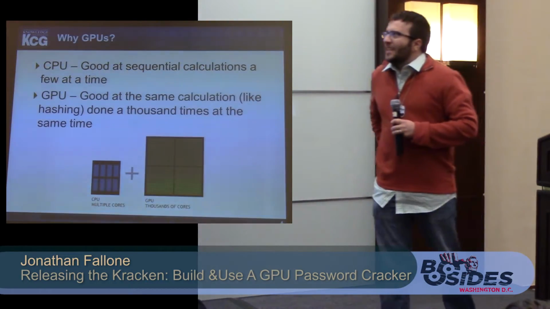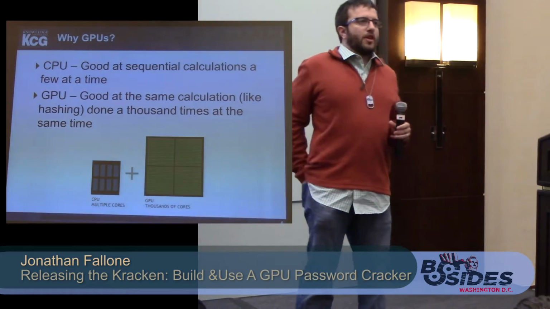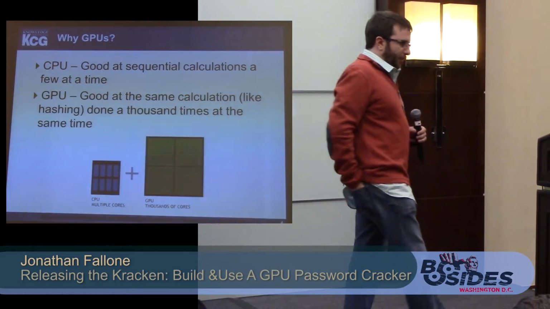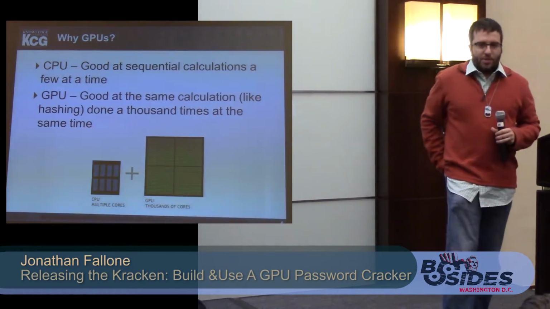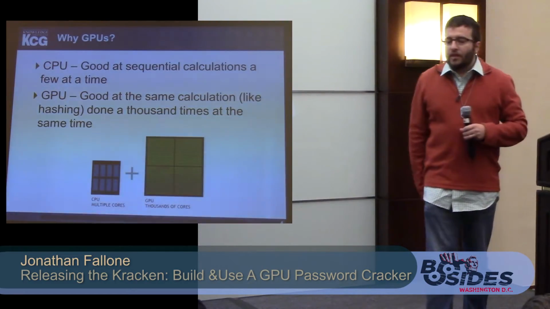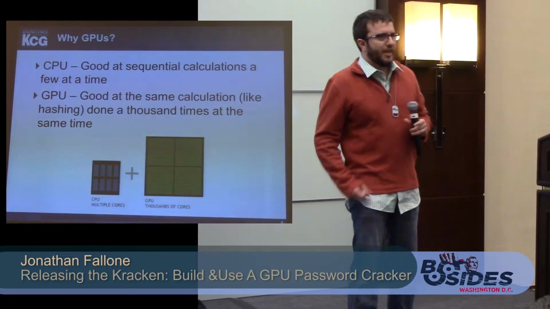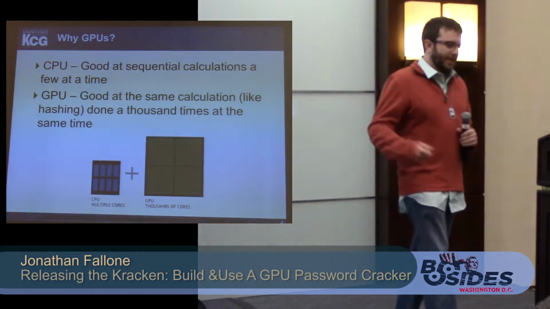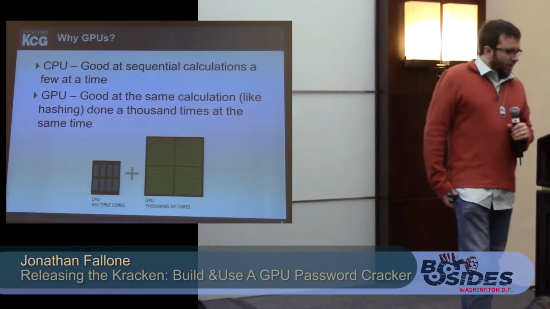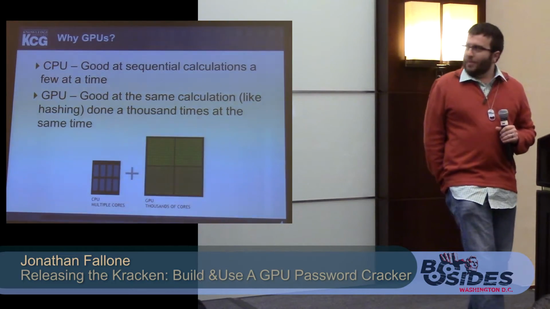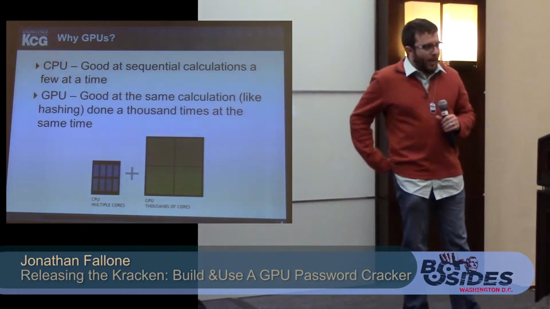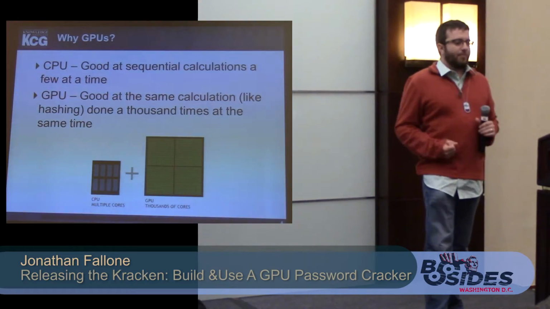If you've never had any experience with GPUs, why do you want to use those over just your regular old laptop for password cracking? So CPUs are great inventions. They're good at doing a bunch of instructions sequentially and skipping around from one program to another and splitting their time up. GPUs are great at doing the exact same calculation 1,000 times all at the same time.